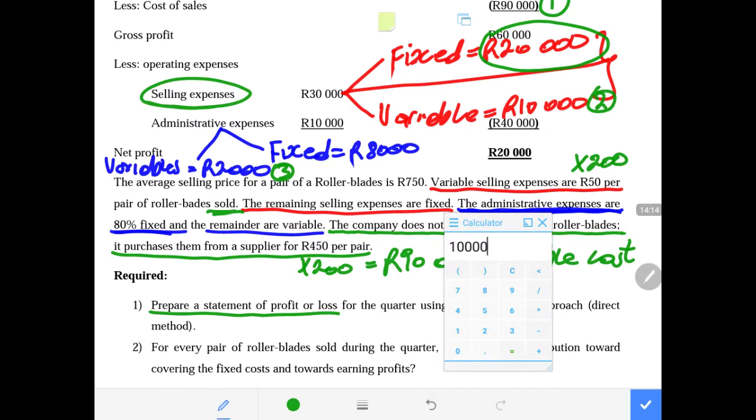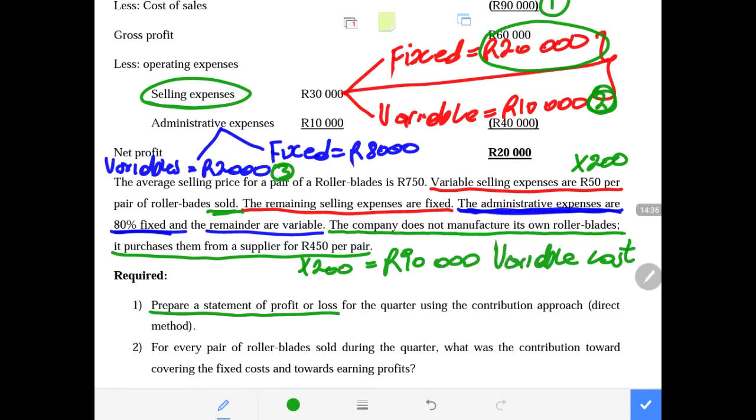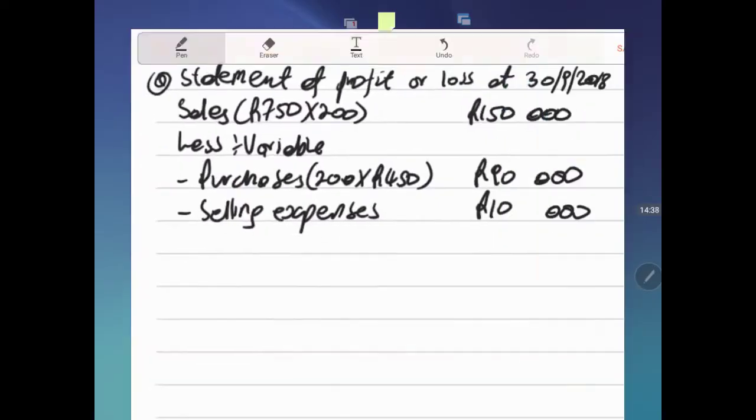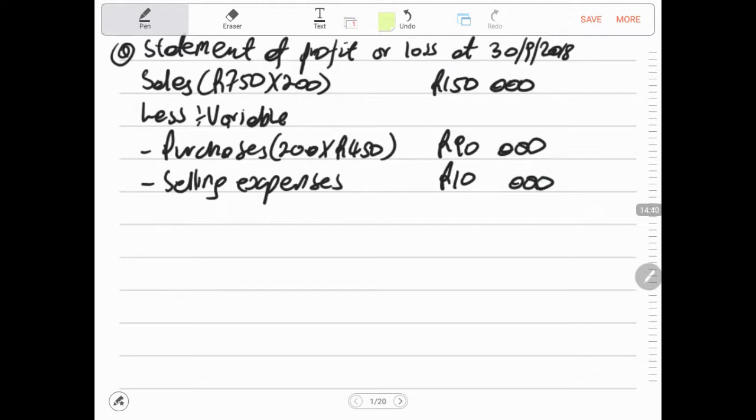And that, let me just confirm, we said 200 times this by 50, that gave us 10,000. And we said the 10,000 is variable. So now that's where this variable part came from. And the remainder then became fixed. So the 10,000 was coming from there. Then we just record that 10,000.